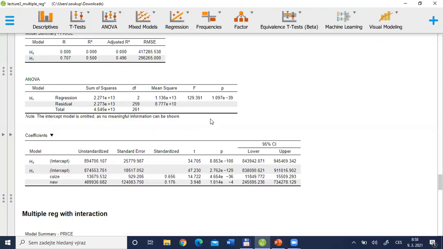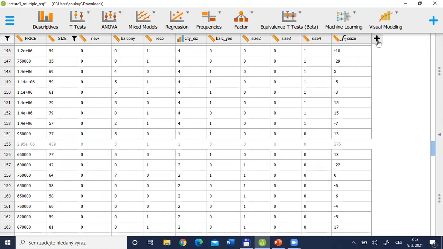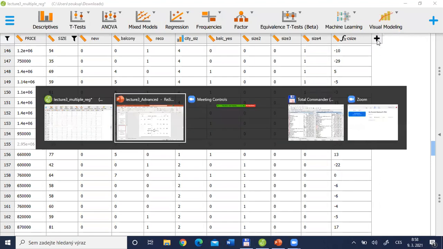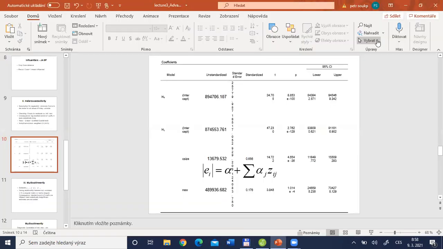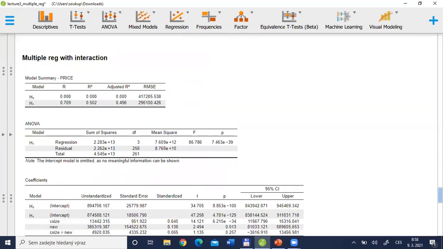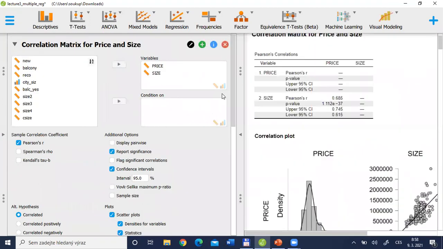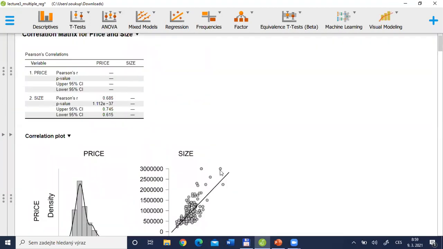So first of all, what we would need in JASP is to add a new column that would include residuals. Once again, it would be the original price of the flat and the price of the flat defined by my model.